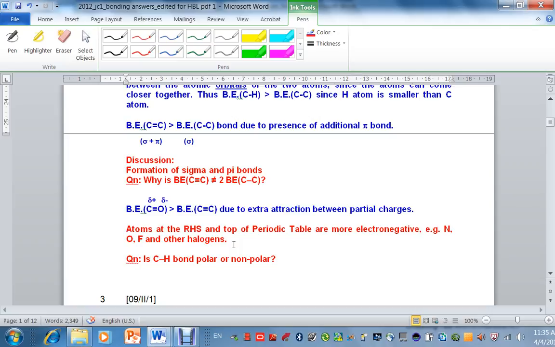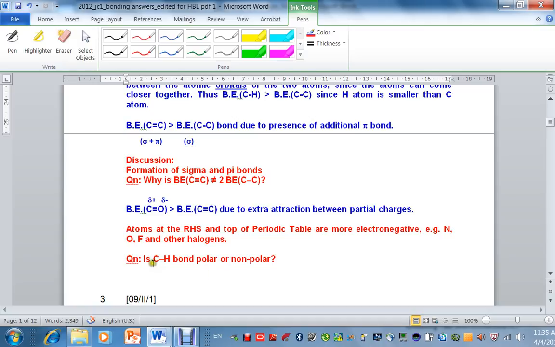So non-metals will be more electronegative than metals. Some of the common atoms that are more electronegative will be N, O, F, and other halogen atoms like chlorine, iodine, and so on. Once you see them, you should realize that they are usually more electronegative than the other atom.